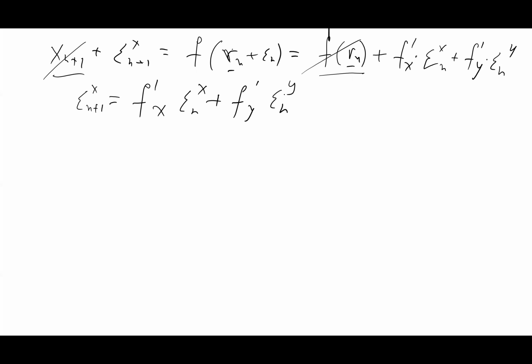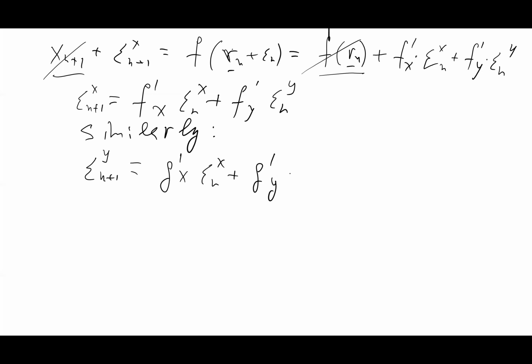And similarly, the y component of epsilon will be, by the same kind of procedure, a similar expression, but instead of f we will have g: derivative of g over x times epsilon xn plus derivative of g over y times epsilon yn.